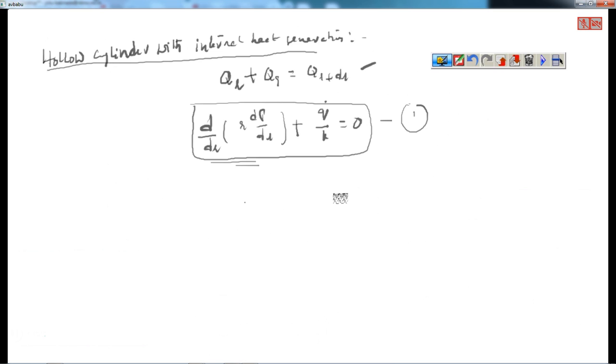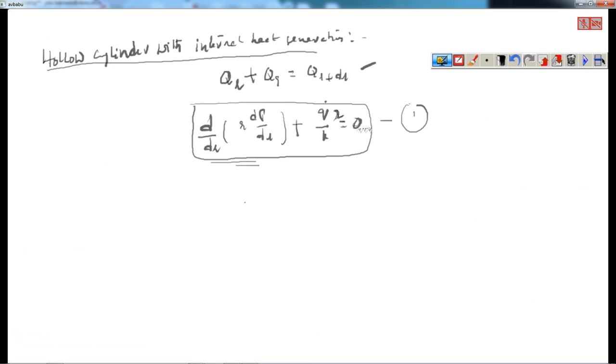So here the equation is d by dr of r dt by dr plus q dot by k into r is equal to 0. This is the formulation of the equation.